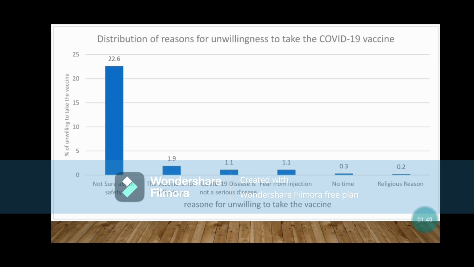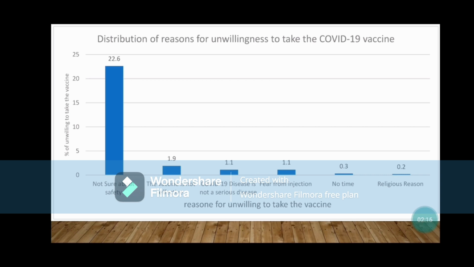There is the percentage of people unwilling to take the vaccine and the reasons for that. First reason is people were not sure about safety, and their percentage was 22.6%. Number 2, the vaccine is not effective. 1.9% people believe that. COVID-19 disease is not a serious disease. 1.1% people believe that. They were afraid of injection. 1.1% approximately.